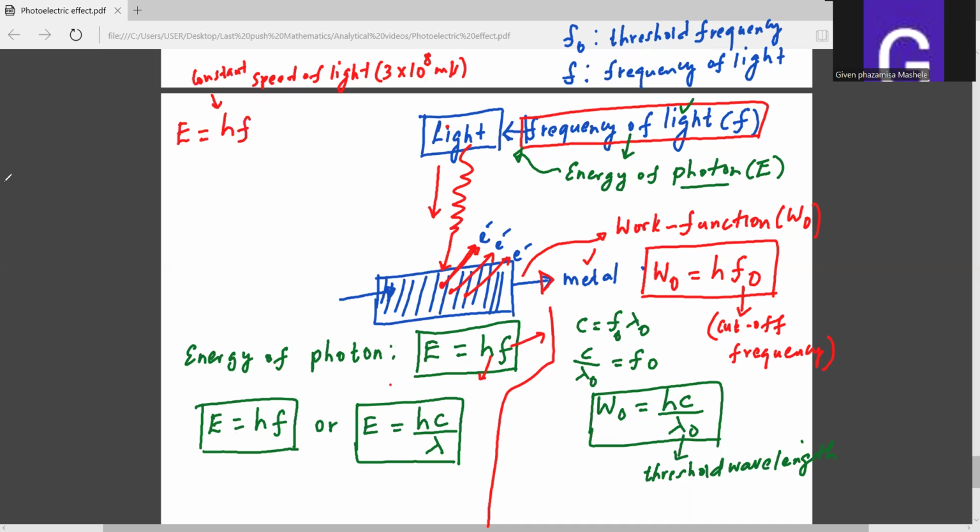So which means that if we want to change the energy of photon, we need to change the frequency of light. But if you look at this, these two expressions are actually directly proportional. What does it mean?